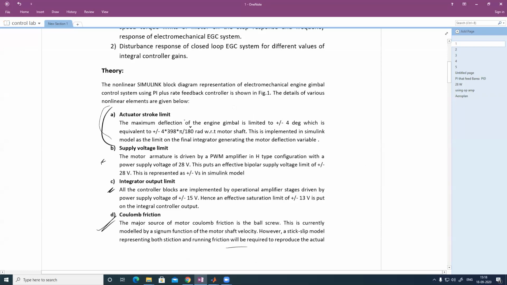So the actuator stroke limit comes into the picture.